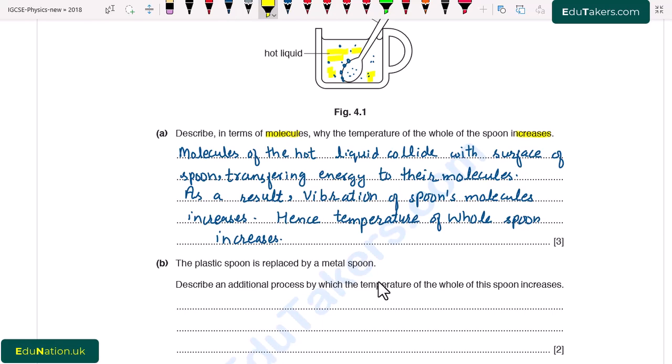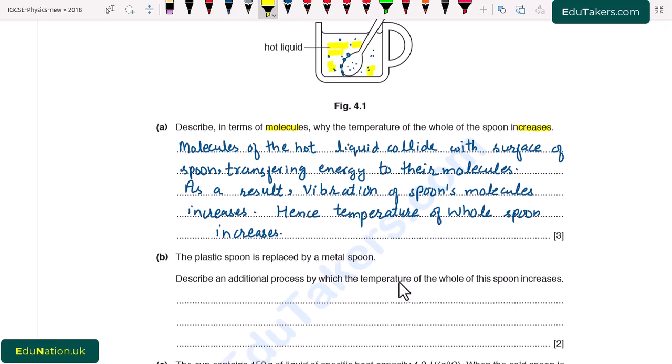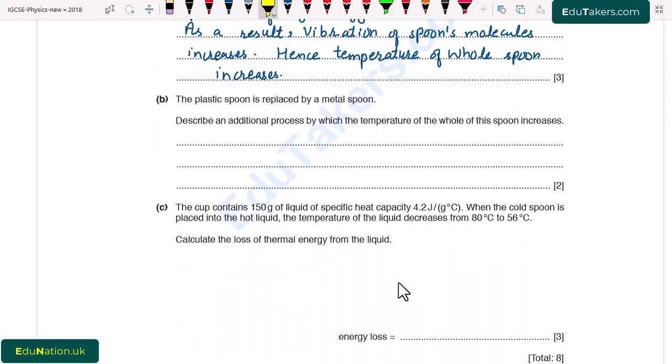Part B. The plastic spoon is replaced by a metal spoon. So first of all, it's the plastic spoon. Now we have replaced it with a metal spoon. Describe an additional process by which the temperature of the whole of the spoon increases. So first of all, here is a metal spoon. We know that there is a large number of free electrons inside a metal.